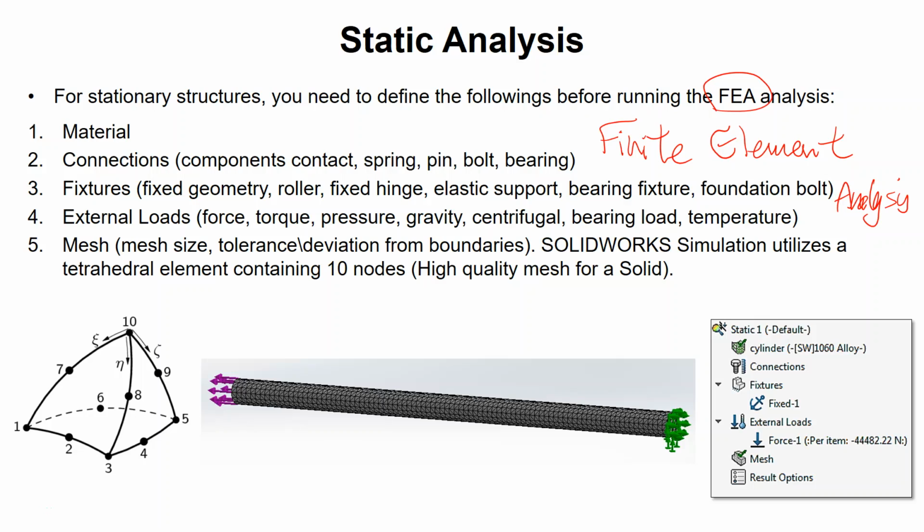So FEA, or Finite Element Analysis, is a numerical method where you break down the part into a lot of small elements, a finite number of small elements, or what we call creating a mesh, and then we apply the FEA method to solve for all of these numbers.